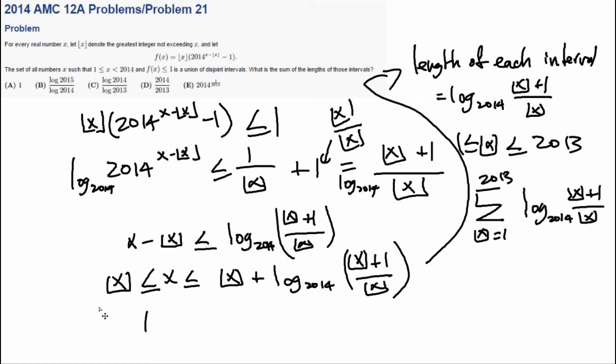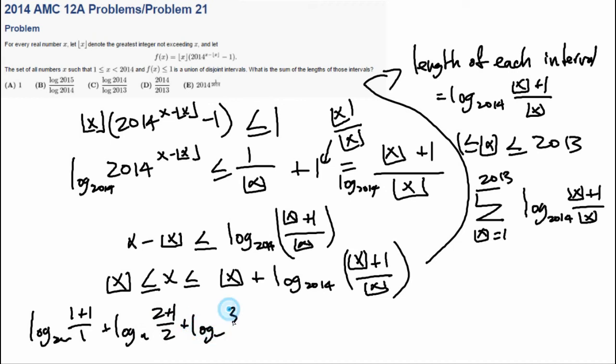So if you add this together, let's start with log base 2014 of 1 plus 1 over 1, plus log of 2 plus 1 over 2, plus log of 3 plus 1 over 3.